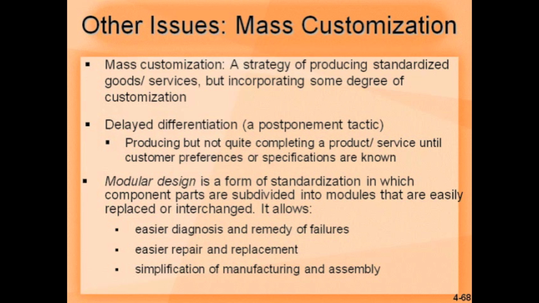So mass customization is a strategy of producing standardized goods or services, but incorporating some degree of customization. One method they use is called delayed differentiation, producing but not quite completing a product or service until customer preferences or specifications are known.